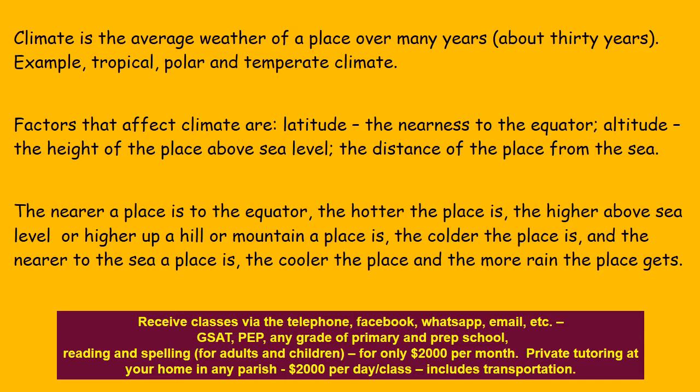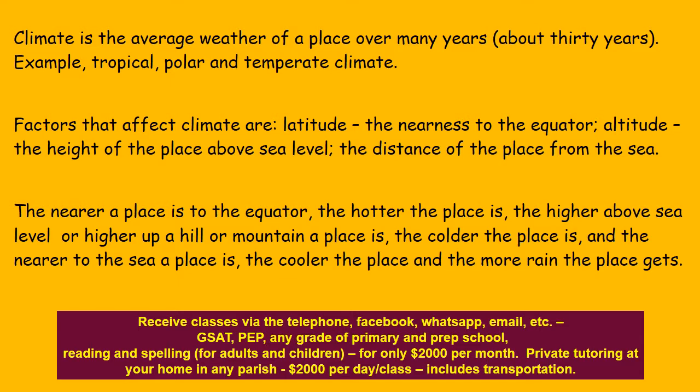Let's read what is on the screen. Climate is the average weather of a place over many years, about 30 years. Example: tropical, polar, and temperate climate. Factors that affect climate are latitude. Latitude is the nearness to the equator of places. Altitude.